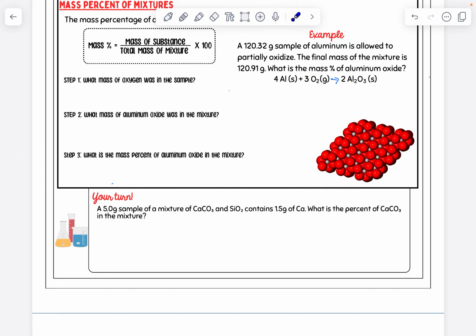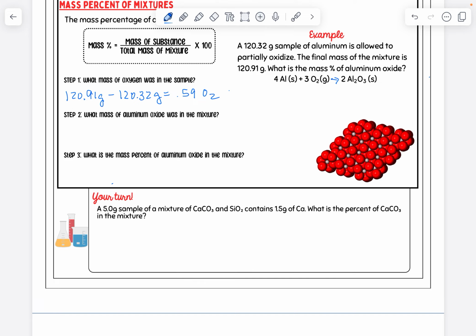Because we know that there's aluminum, and then the mass went up a little bit, so it had to have reacted with some oxygen to make aluminum oxide. So if we take the difference of that, we can find how much oxygen reacted. So 120.91 grams, which is our final mass, minus our mass of aluminum, gives us 0.59 grams of the O2, the oxygen that reacted.